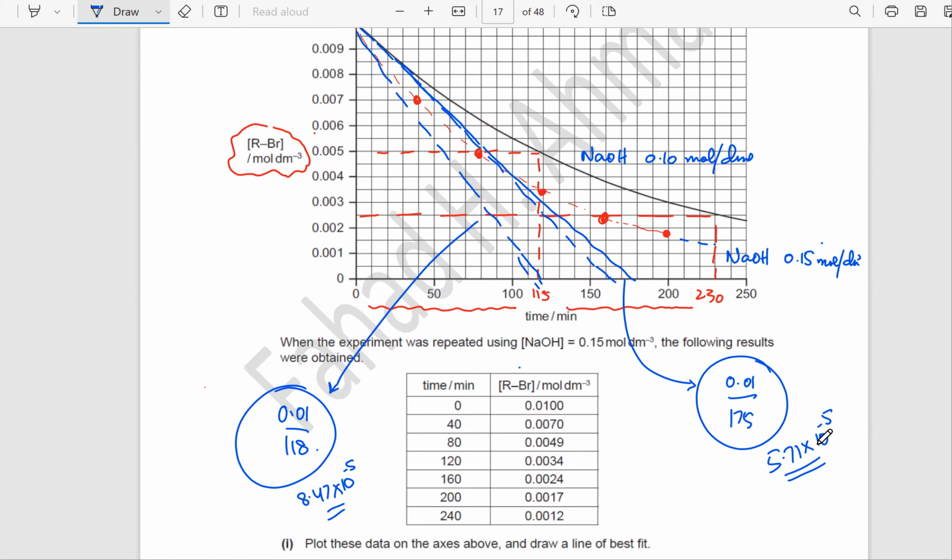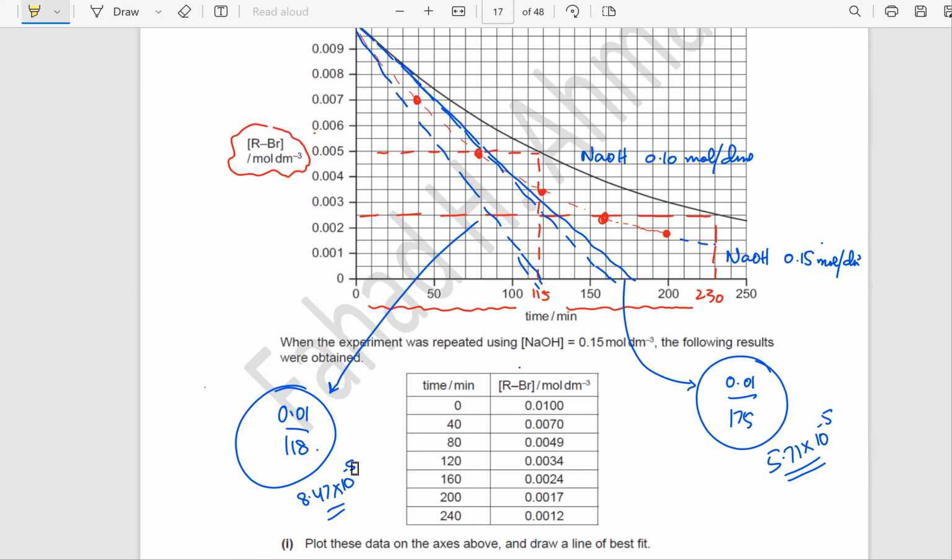I mean, initially the reaction was slow, then it became faster. So by what factor did it change? 1.48.